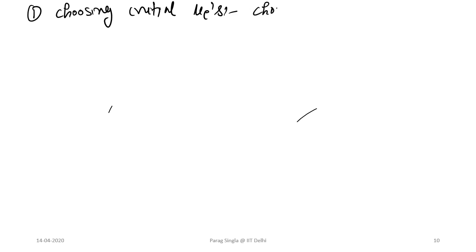One final remark that I want to make about choosing the initial mu's is that when you actually implement this algorithm, you should choose them to be one among the data points.